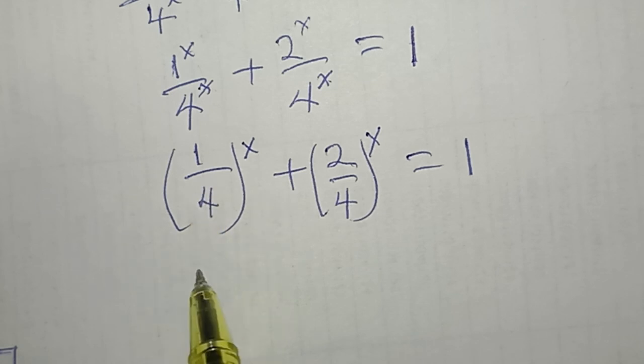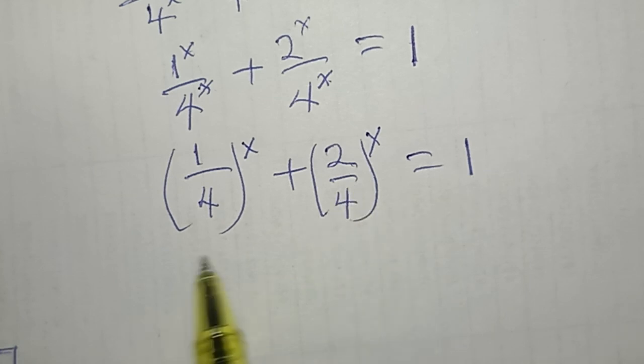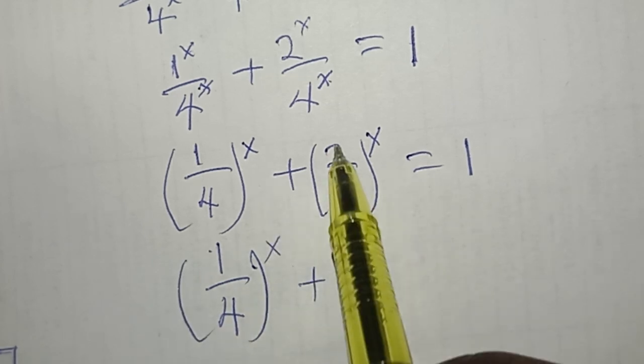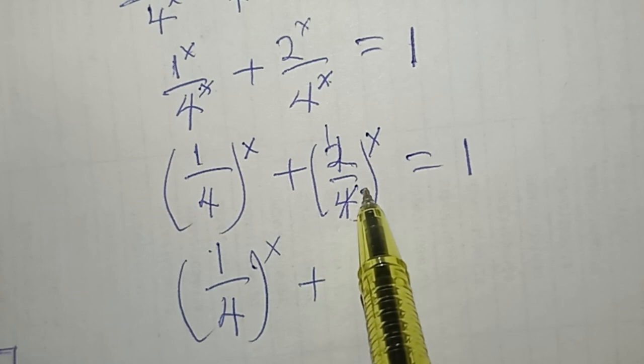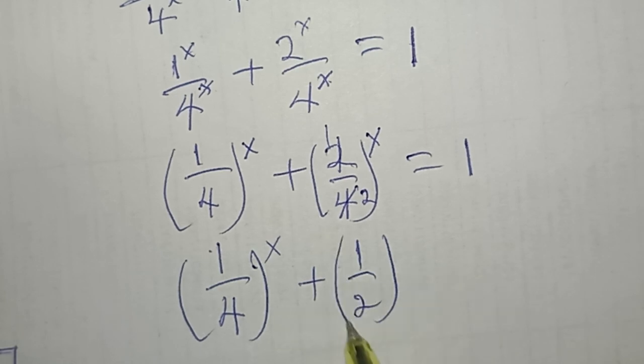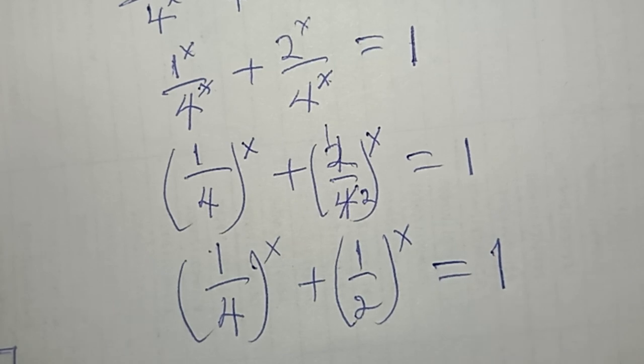So this remains as it is. So I'm going to divide this. So this will give me 1 over 4 all power x, and then plus 2 divided by 4 here is 1 over 2, and then of course power x is equal to 1.